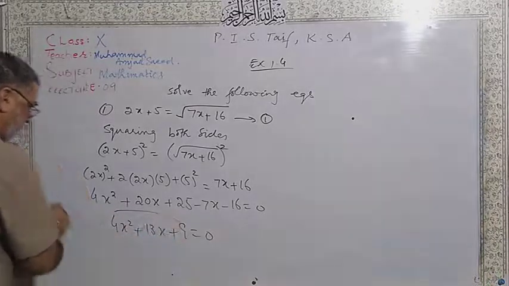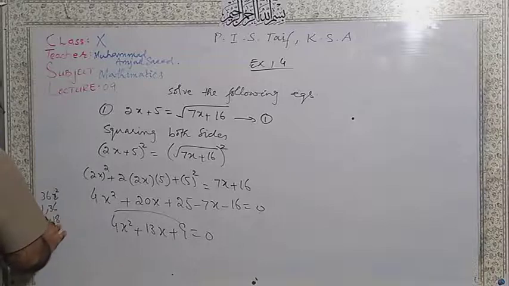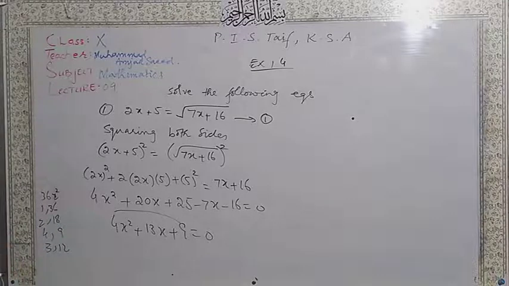First of all, multiply 36x square. 1 and 36, 2 and 18, 4 and 9, 3 and 12. So which pair is making 13 after adding, subtracting and multiplying with plus 36? Definitely this is 9 and 4. And the bigger component will have the sign of the center term.